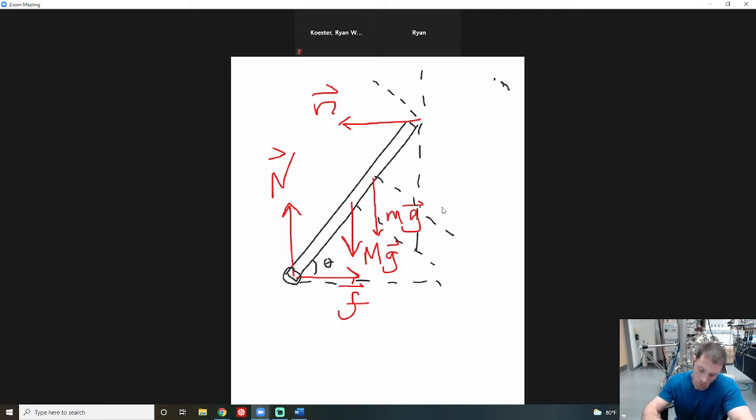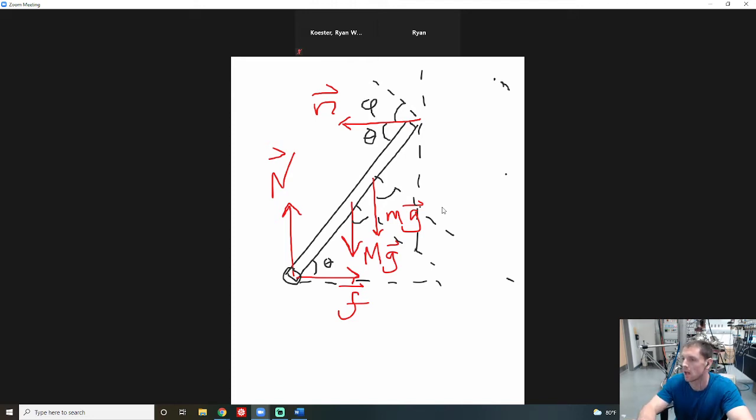Now, this angle is theta, and this angle is theta. This angle here is theta also. So what that means is that this angle here has to be phi.